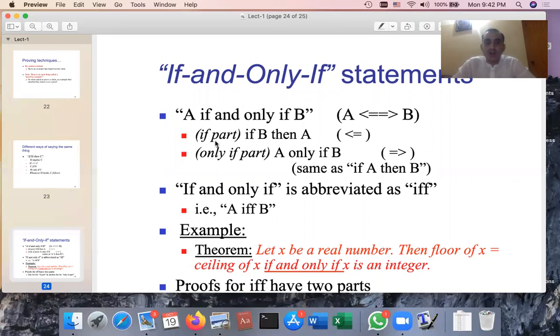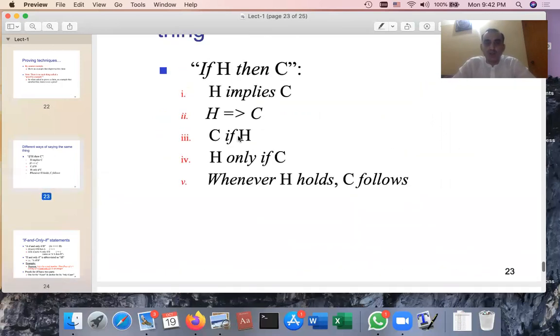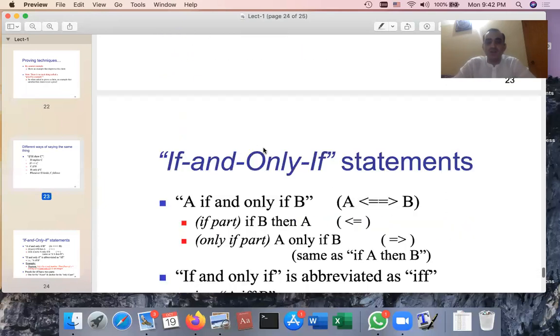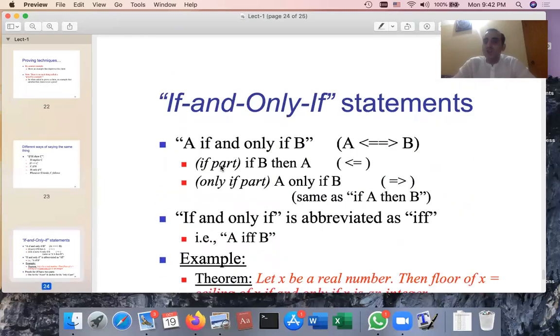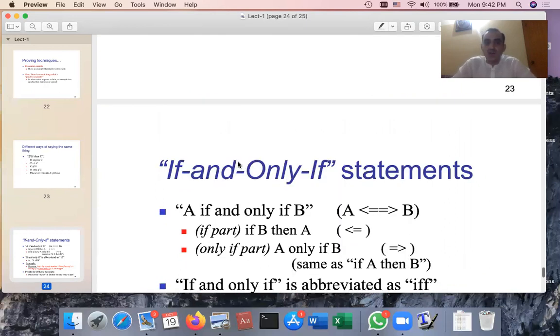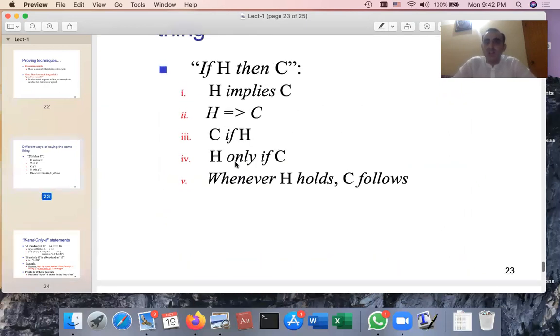Looking over the previous slide, the if part has C on the left side and H on the right-hand side. Similarly, the if part is "if B then A." This is written according to this format.